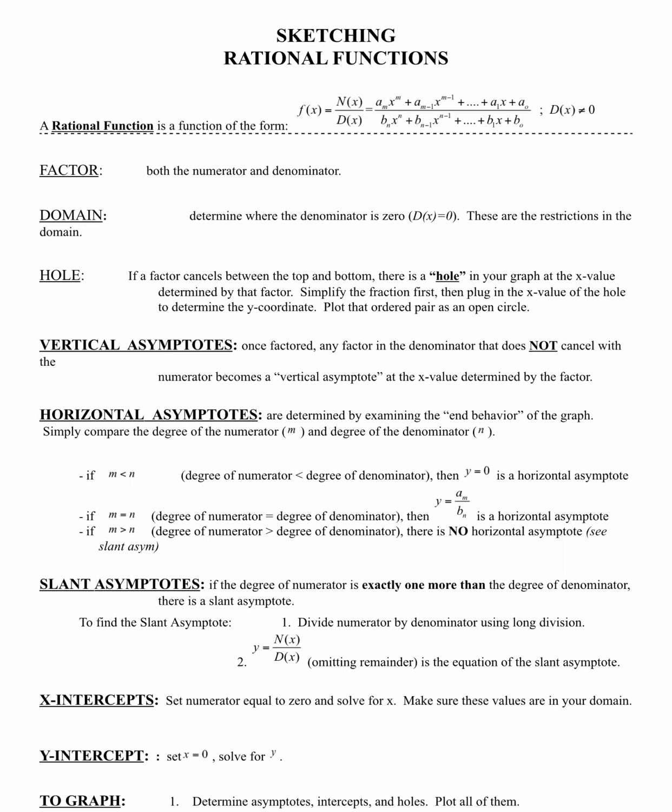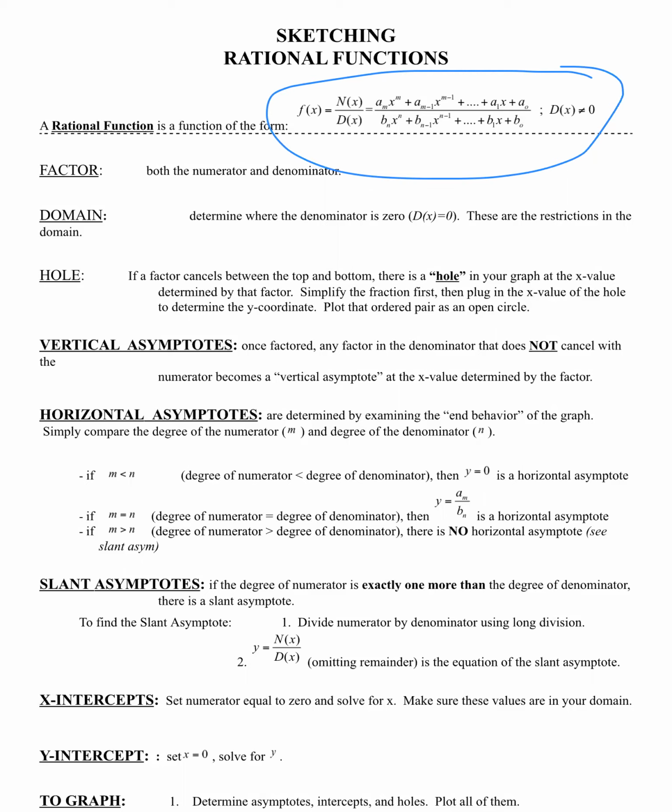So first of all, if you look at the top here, it looks super intimidating. It's like, oh my gosh, what the heck is this thing? Guys, it's just fancy math language for saying a rational function is basically just a fraction, okay? That's really all it is.